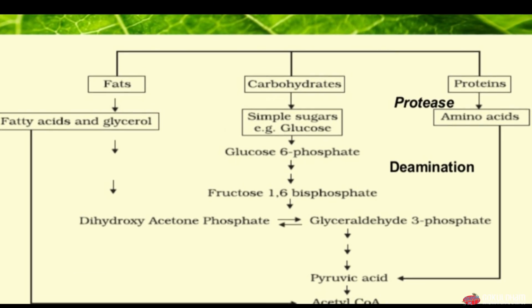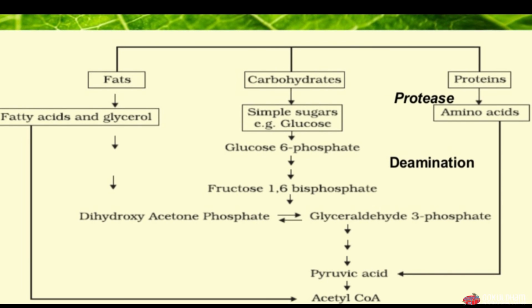And now let us see how proteins are degraded or broken down during respiration. First, protein is broken down into amino acids by the enzyme called protease, and then by deamination these amino acids are converted into pyruvic acid.